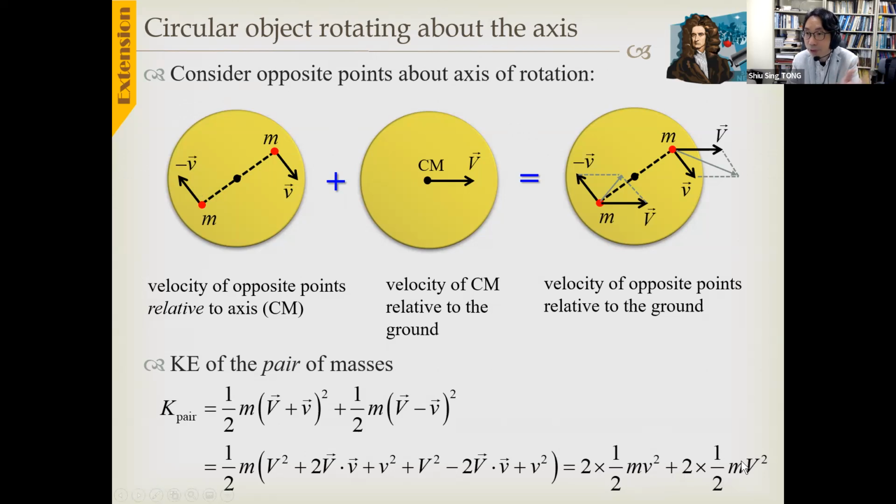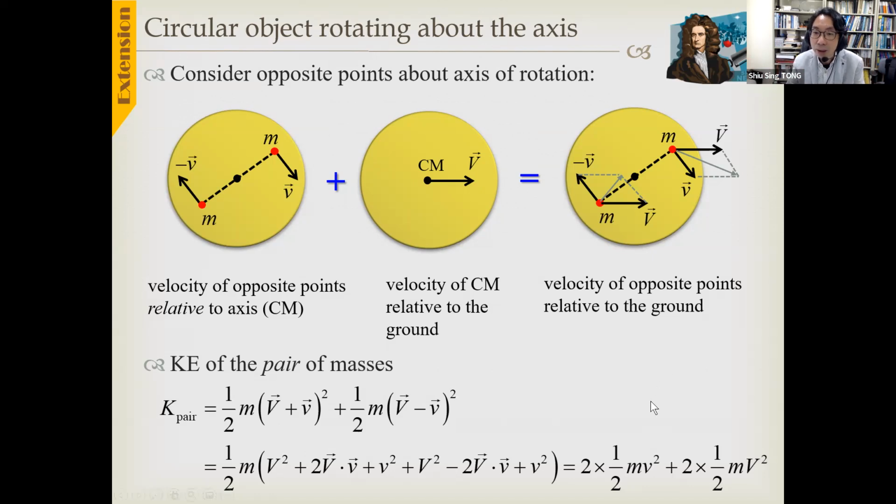I simply treat them as point masses moving forward with velocity big V, and I calculate half m big V squared multiplied by 2. I get the translational kinetic energy. So if I consider the pair of particles on opposite sides of the body, the cross term vanishes, and I can separate the translational kinetic energy from the rotational kinetic energy nicely without the cross term.